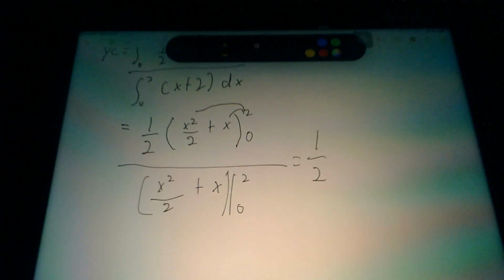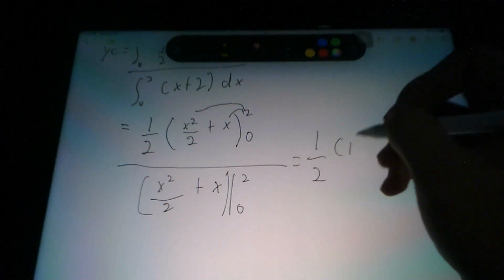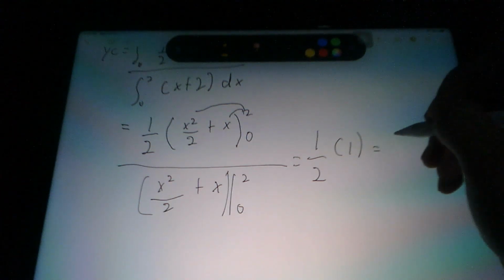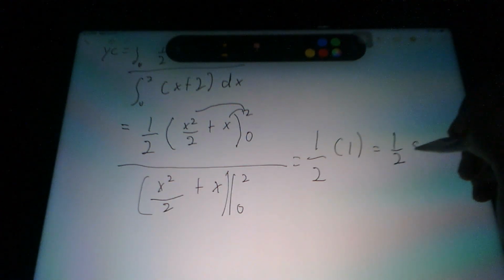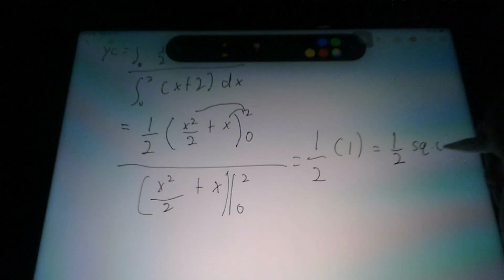By substituting x with 2, this becomes 2 over 2. Putting this into my calculator, our answer will be 1/2 times 1, which is just 1/2 square units, and this is our answer for problem number 1 under Centroids.